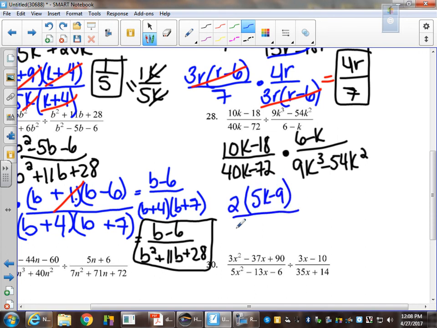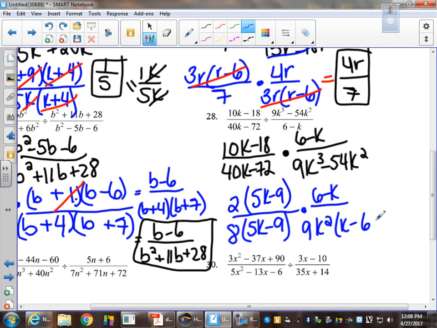In our denominator, we can factor out an 8, and we would be left with 5k minus 9. 6 minus k doesn't simplify. In our denominator of our second fraction, we can factor out a 9k squared. We would be left with k minus 6. Crossing away everything that we can. 5k minus 9, 5k minus 9. 2 over 8 will become 1/4.